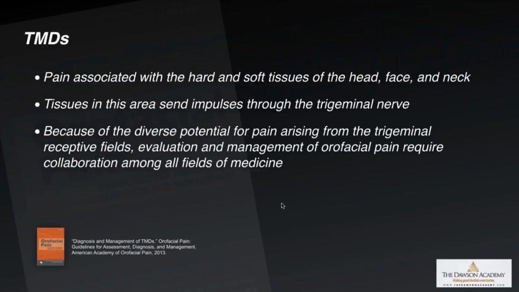Because of this, there's a diverse potential for pain arising from different trigeminal receptive fields, and sometimes this will require collaboration among all fields of medicine. These are some of the problems with the more complex patient: it's not necessarily all from areas we can affect, but the pain sources can be coming through receptive fields in the trigeminal nerve area.